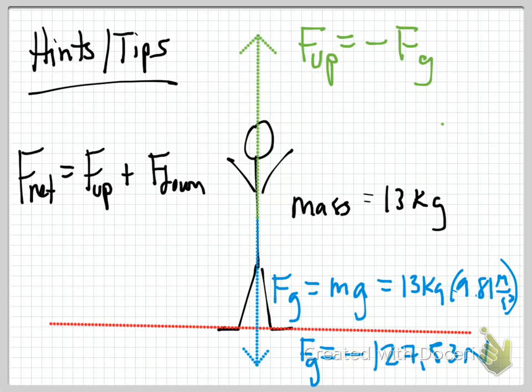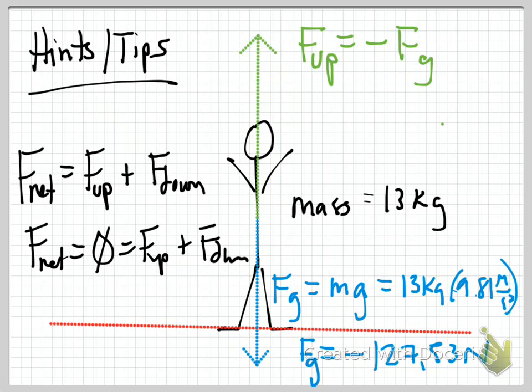You can all accept that. The net force is equal to 0, which is equal to the force up plus the force down. And of course, force down is force of gravity. So force up is equal to the negative of the force down, or the force of gravity.